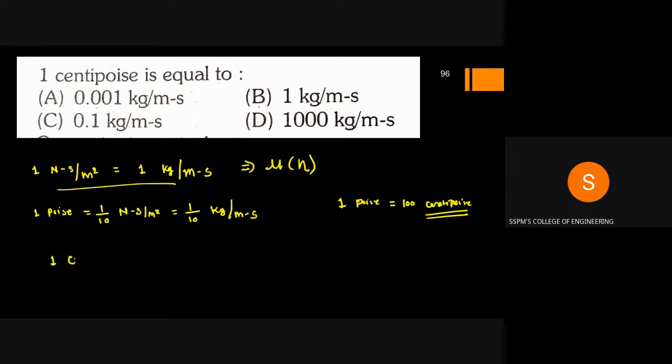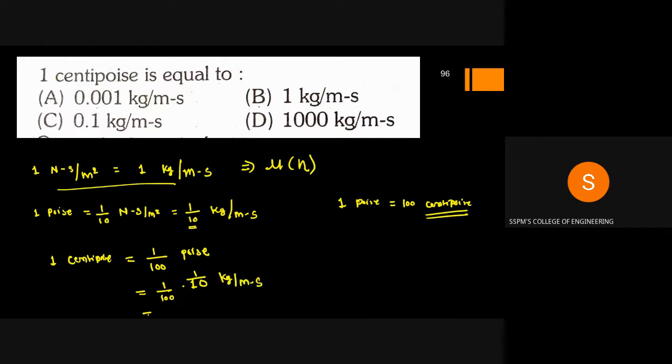So 1 centipoise is equal to 1 upon 100 poise, and 1 poise is equal to 1 by 10 of kg per meter second.